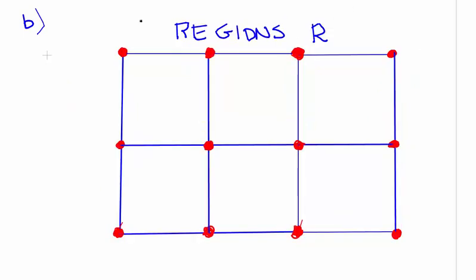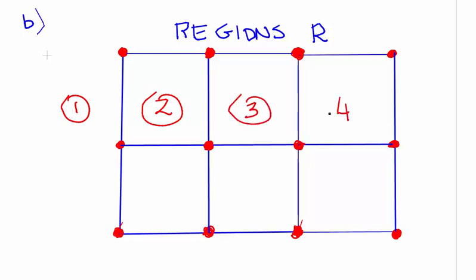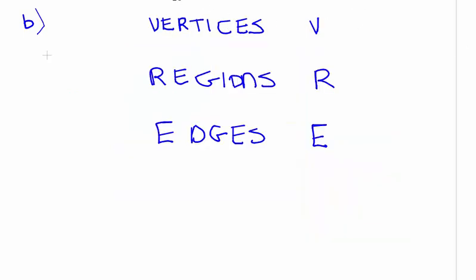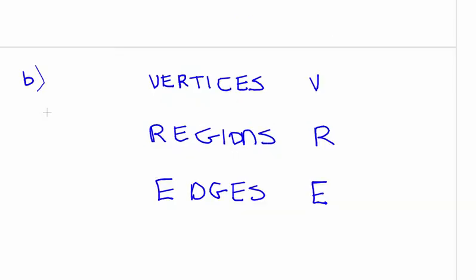Okay, the number of regions. Now this one's straightforward enough. We have the external region here, 2, 3, 4, 5, 6, and 7. So let's piece that all together.